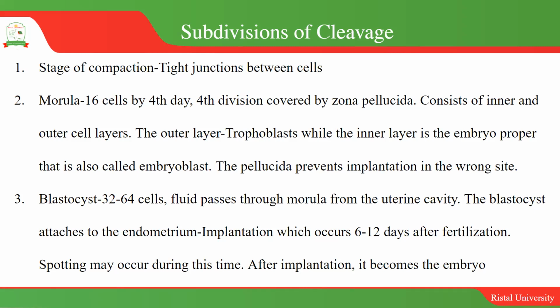Okay, and therefore it is this blastocyst that will actually attach to the endometrium, that is basically the process of implantation. Okay, the process of implantation involves the blastocyst attaching itself to the endometrium with the help of the outer cell layer, which we said are the trophoblasts. So the trophoblasts play an important role in invading the endometrium of the uterus for implantation.